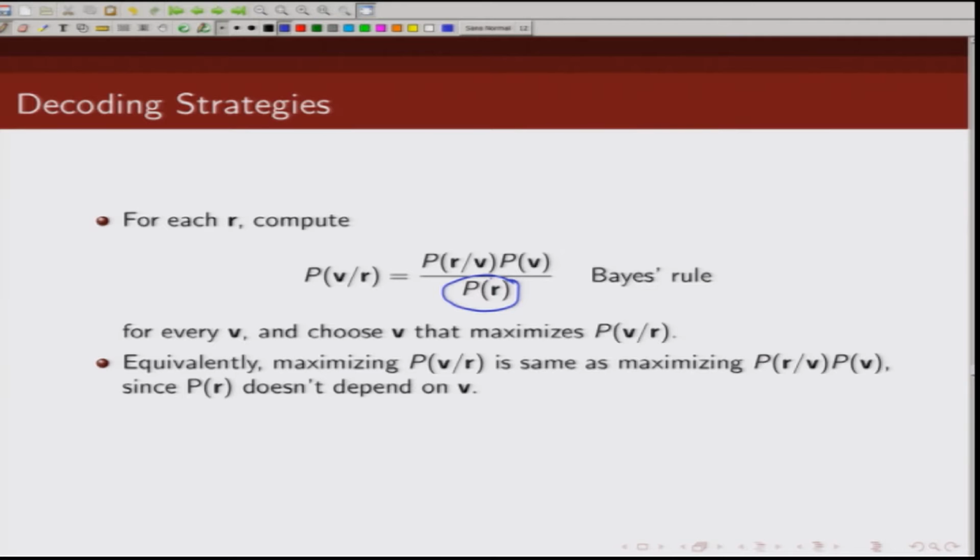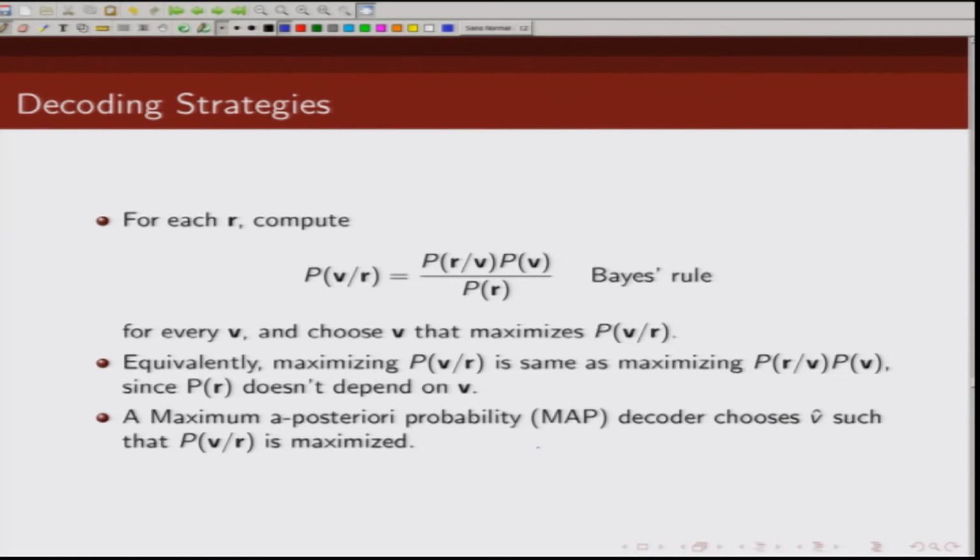Okay. So, if we want to minimize the probability of error, we want to maximize this quantity. And a MAP decoder, a maximum a posteriori probability decoder, is the one which will do exactly that. It will choose a v hat such that this probability is maximized.